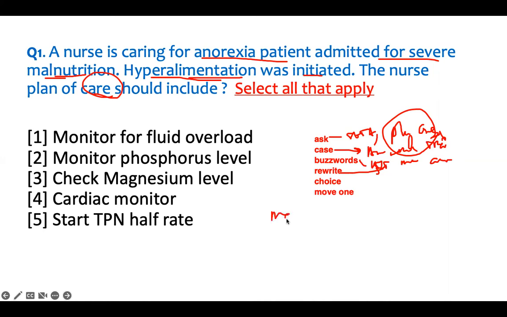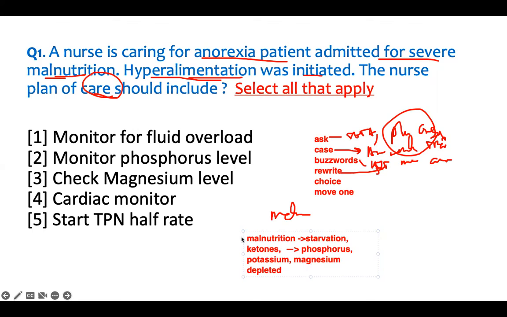So for a malnourished patient, this is the key. Usually your body turns into starvation mode and you start breaking down your ketones and your fats and sometimes your proteins. And so they're really malnourished. So the electrolytes are all depleted. The key electrolytes, phosphorus, potassium, and magnesium, are all depleted.